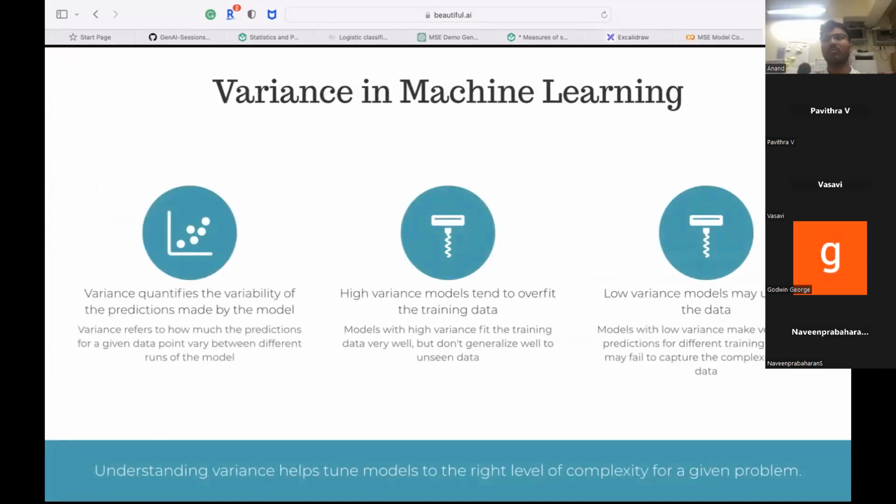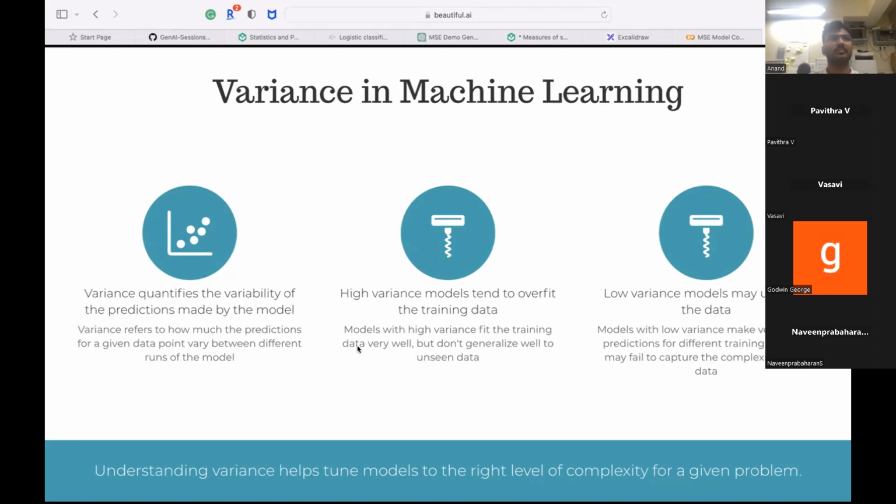So the variance in machine learning quantifies the variability of the predictions made by the model. When you calculate the variance, a high variance model tends to overfit the training data. If there is low variance, then the model may underfit. So it helps you understand how to tune the models to the right level of complexity for a given problem.